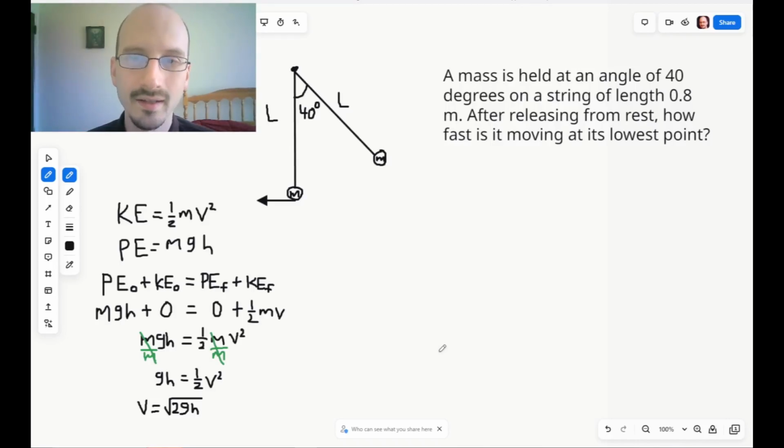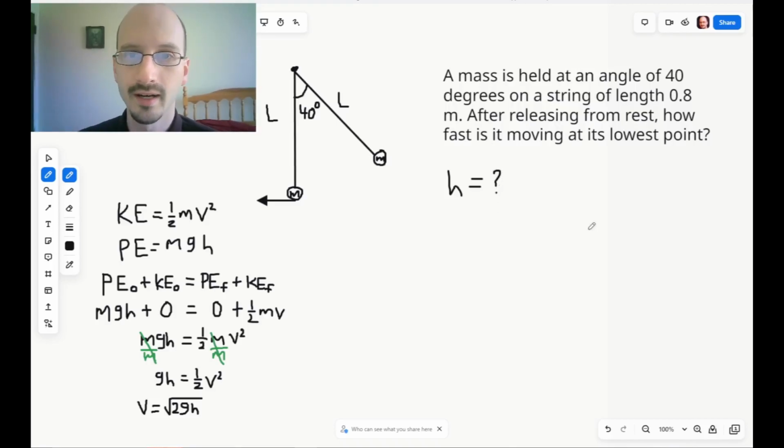Now, I guess it's a little ironic that I told you not to memorize this, but it is also applicable in this problem as well. So we've got an expression, velocity equals square root 2gh. Now the question is, what is h? So we want an expression h is equal to some number, ideally.